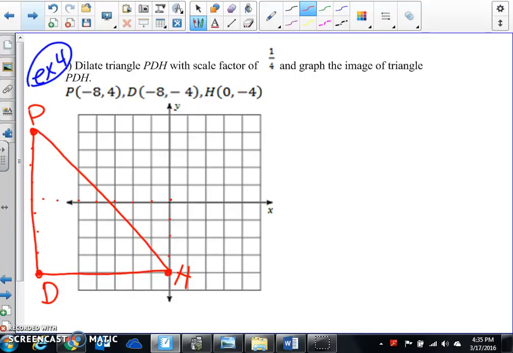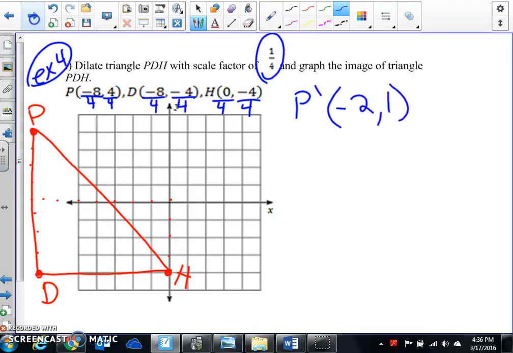Okay. They want us to do a scale factor of 1/4, which means we should definitely have a smaller triangle. So we take each point and we're going to divide it by 4. And that gives us P prime, -8 divided by 4 is -2, 4 divided by 4 is 1.